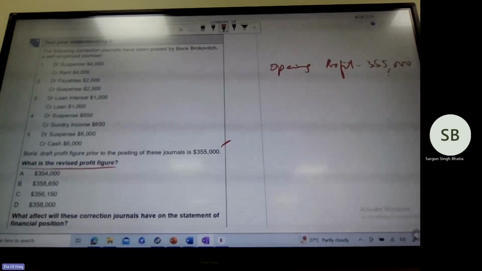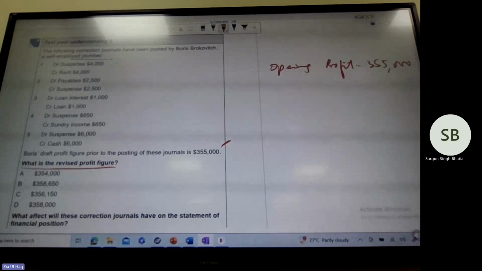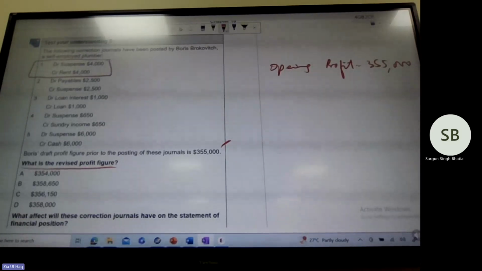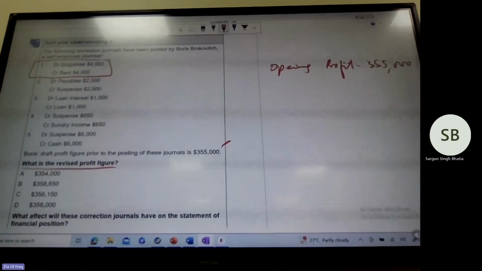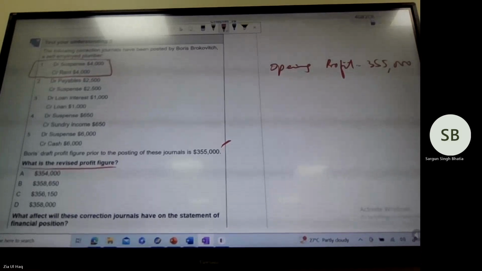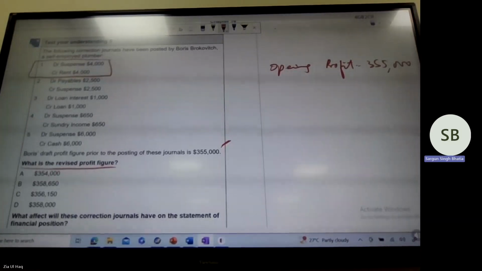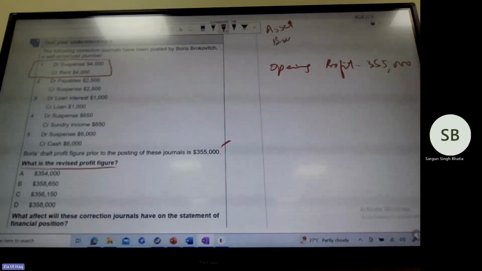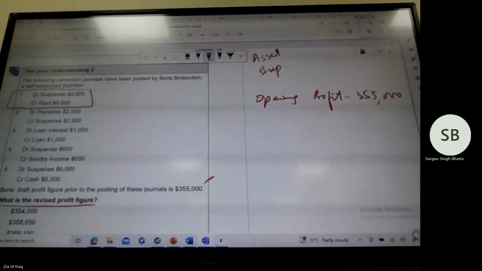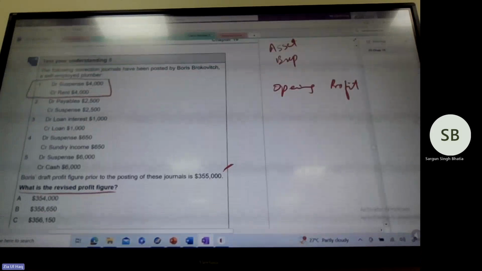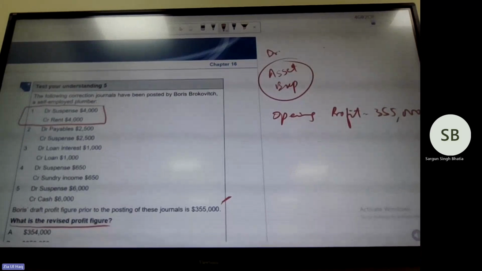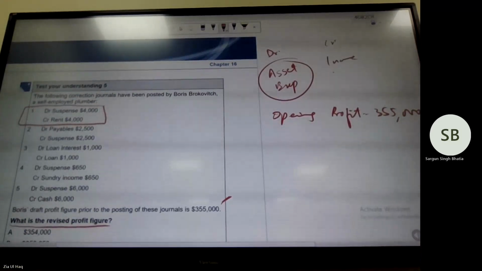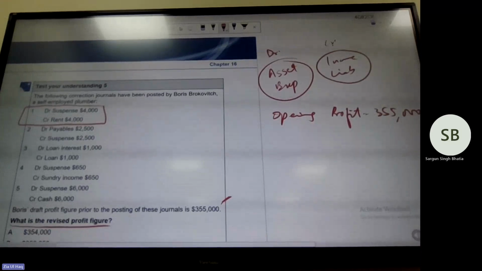So entry number one: suspense account debit, rent credit. This rent is what? An expense. What is the nature of an expense? Assets and expenses are debit in nature, and income and liabilities are credit in nature.